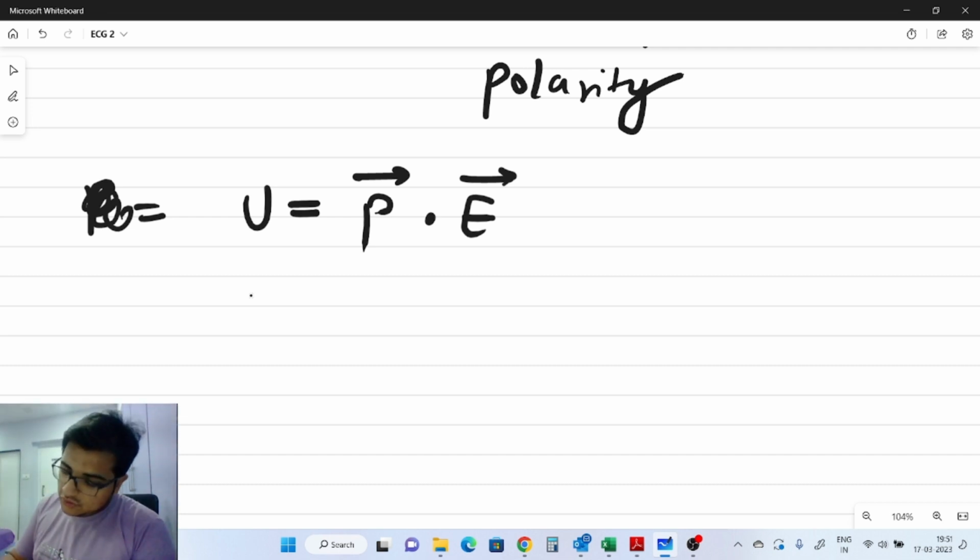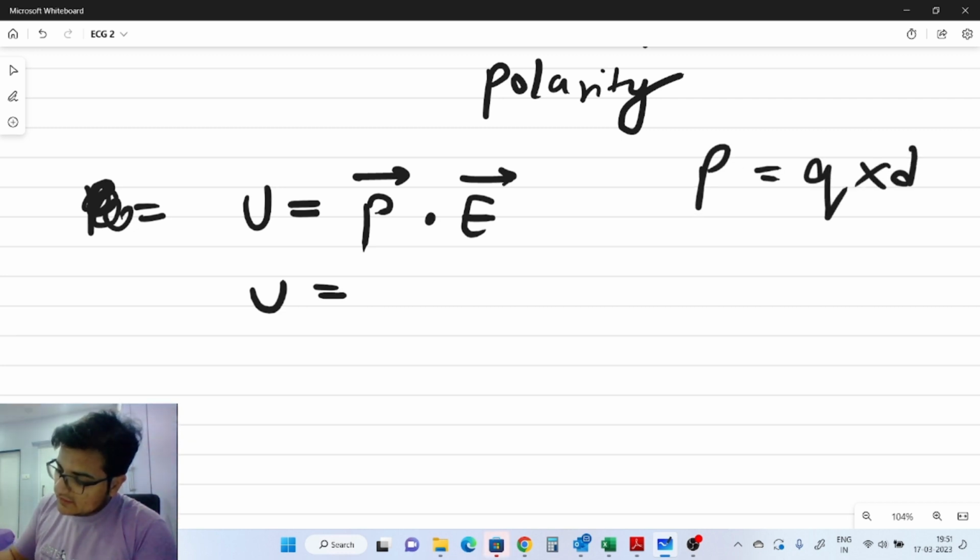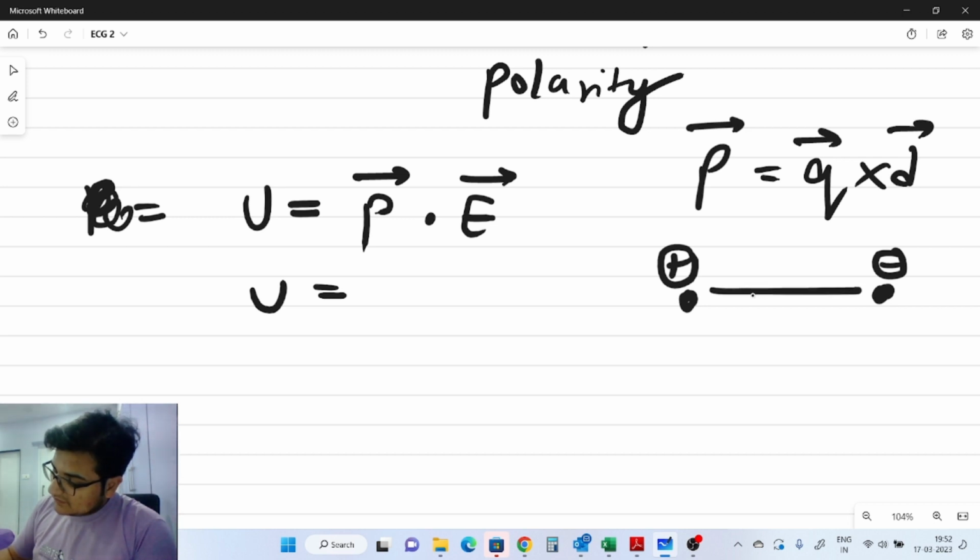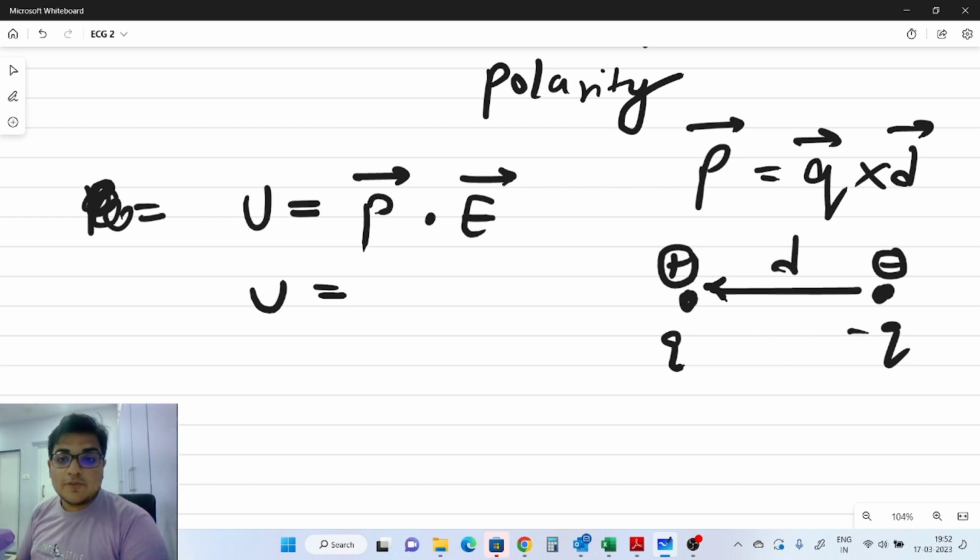I won't go into much detail. P is nothing but Q into D. So this is a dipole, positive, negative. P is already a vector, so it's going to be a dot product with E. This is going to be the direction of the dipole from negative to positive side. This is plus Q, this is minus Q, and this is D. So the dipole moment is given by P equals Q into D.